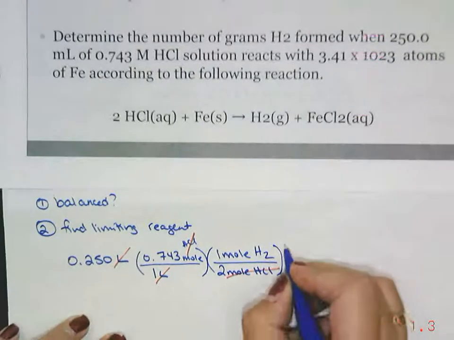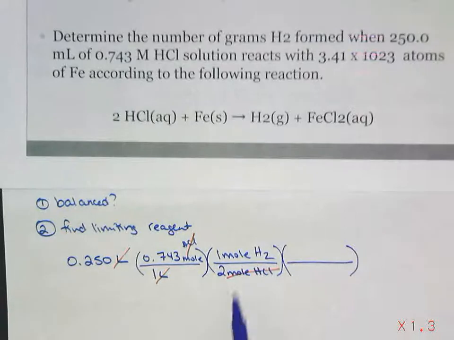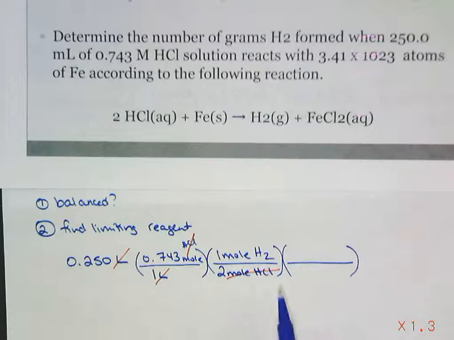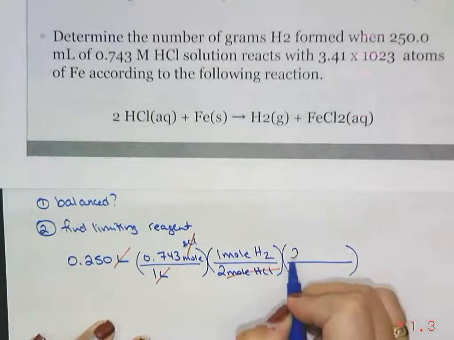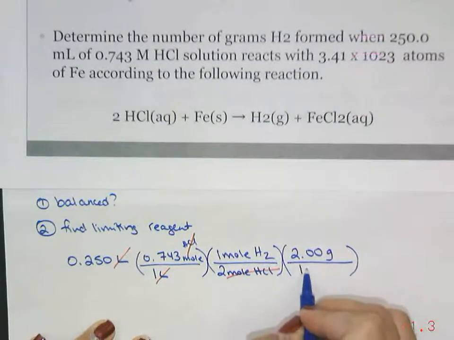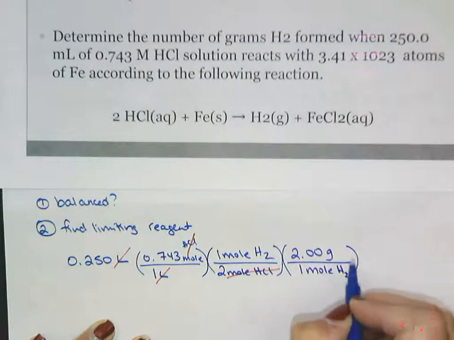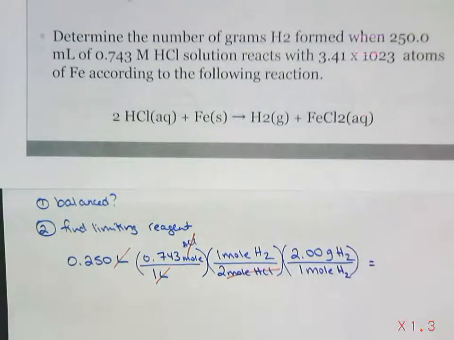How do I get from moles of hydrogen gas to grams? What do I need to know about hydrogen? Its molar weight. Anyone happen to know its molar weight? It's 1 by itself, and there's 2 of them, so it's 2. All right.